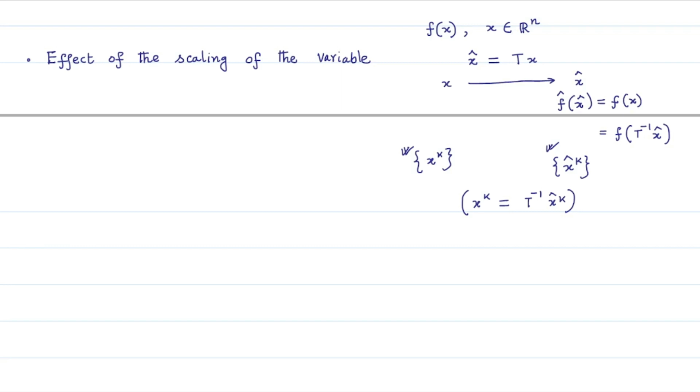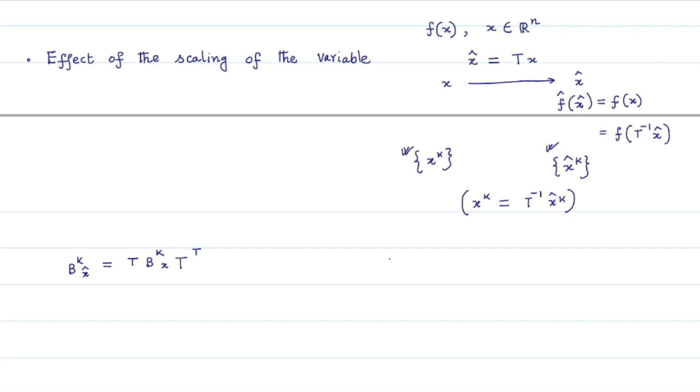Quasi-Newton methods, that is the DFP method, BFGS method or the Broyden class, are independent of the scaling of variables provided the matrices in the x hat space, that is B_k in the x hat space, satisfy the equation B_k hat equals T times B_k in the x space times T transpose. If this happens to be true, then the quasi-Newton algorithm by which we have computed this B_k hat or B_k is invariant to the scaling of the variables.